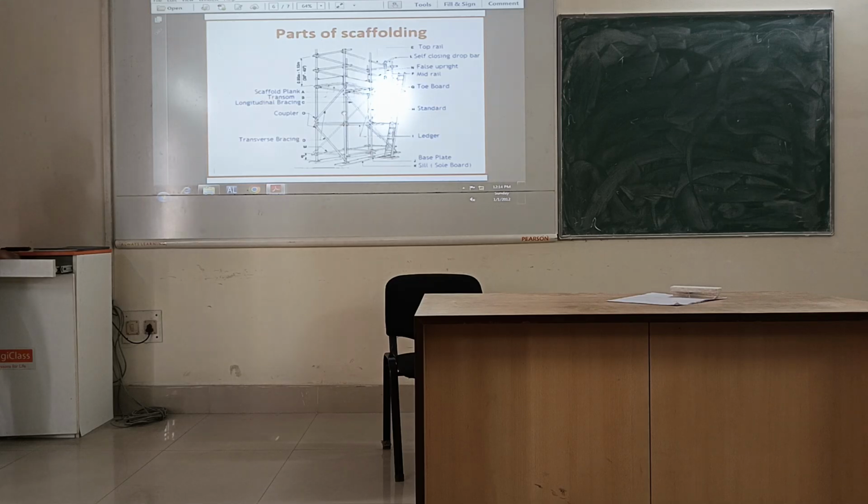This is the horizontal part, and this is the top rail. There will be false upright, mid rail to support. Overboard will also be required. This part is called layer. Layer is nothing but horizontal bracings and coupler. Coupler is used for the tying of two brace members, in the form of slender cylindrical pipes.